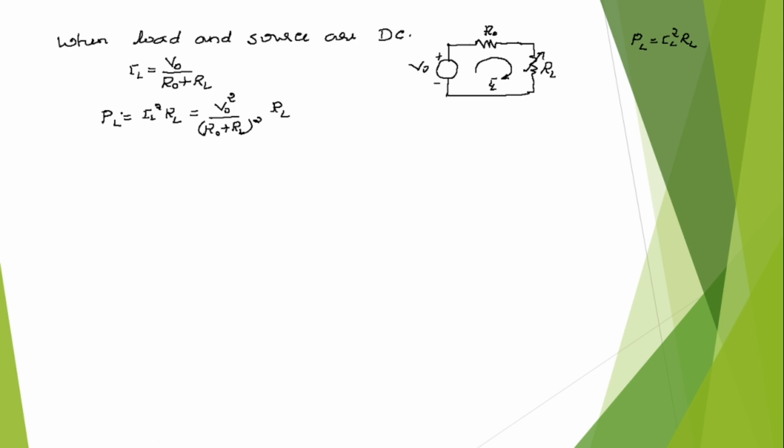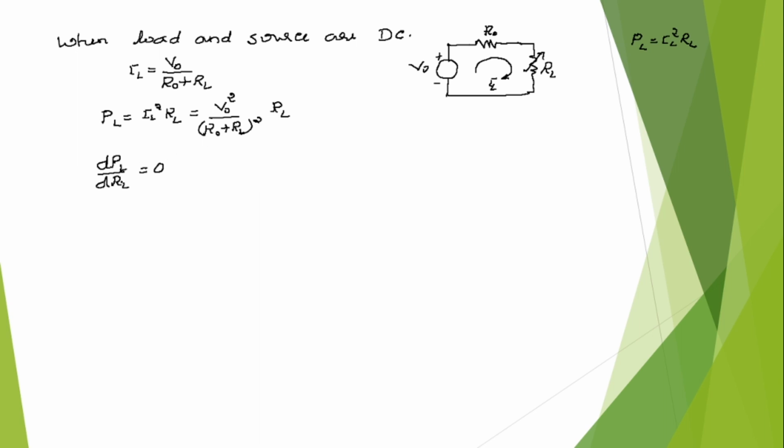Based on maxima and minima, for both the conditions, the first derivative should be 0. So dP by dRL equals 0. By equating dPL by dRL equal to 0, we will get for what value of RL it is maximum.